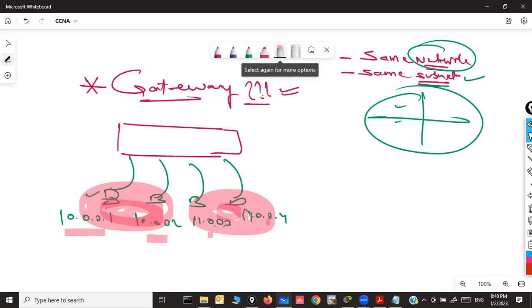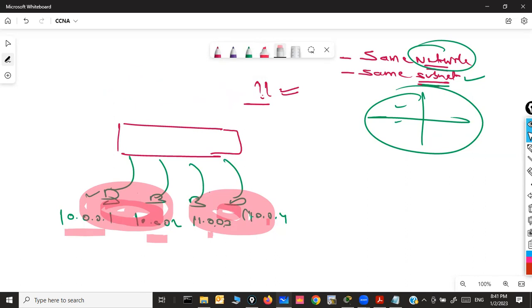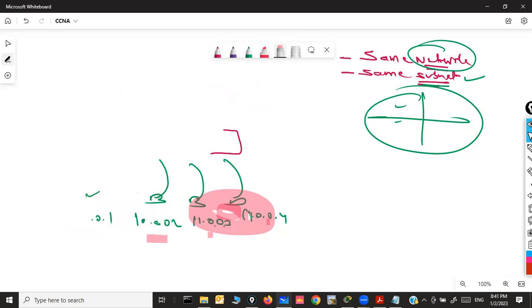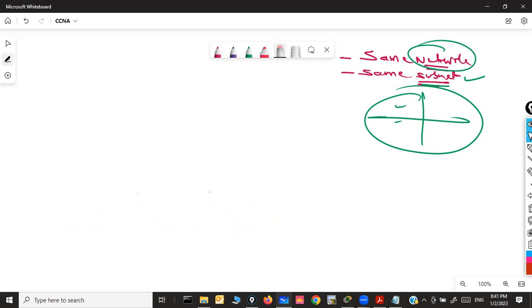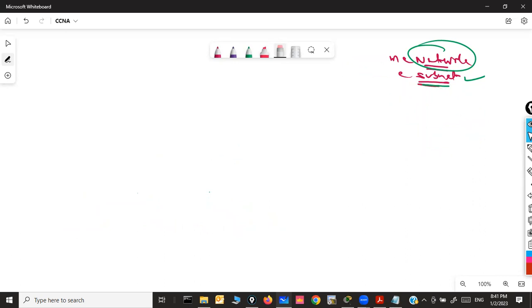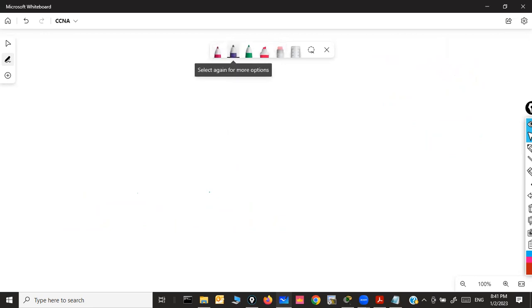But in case we have done network segregation, there are different networks, and now we want both networks to communicate with each other. Let me start with a very basic, simple example: if an organization or company has two locations, two different networks.